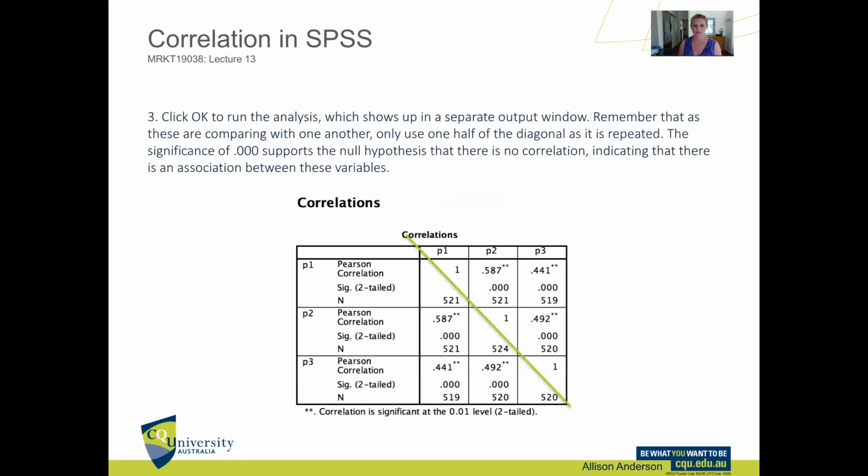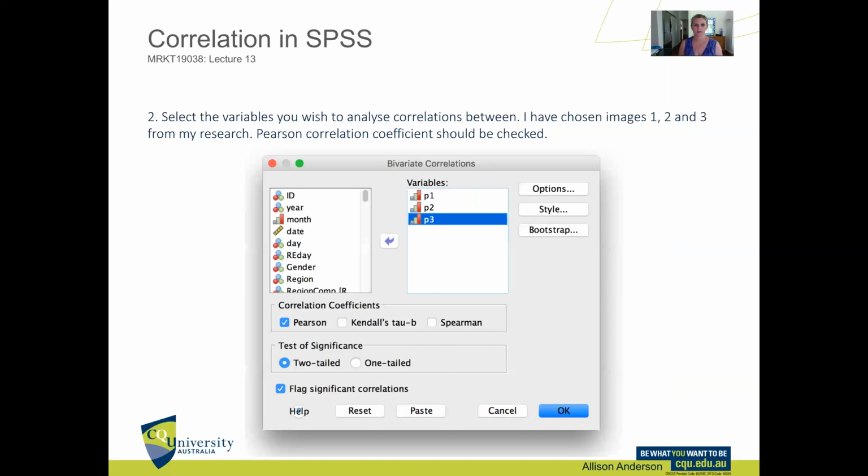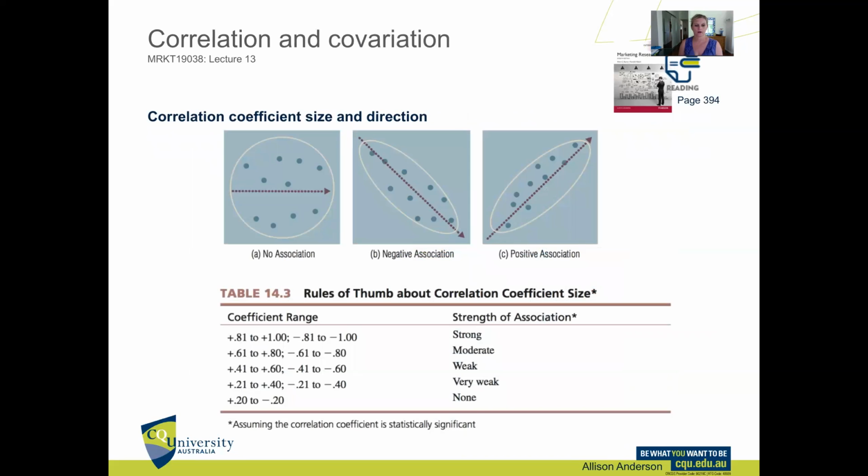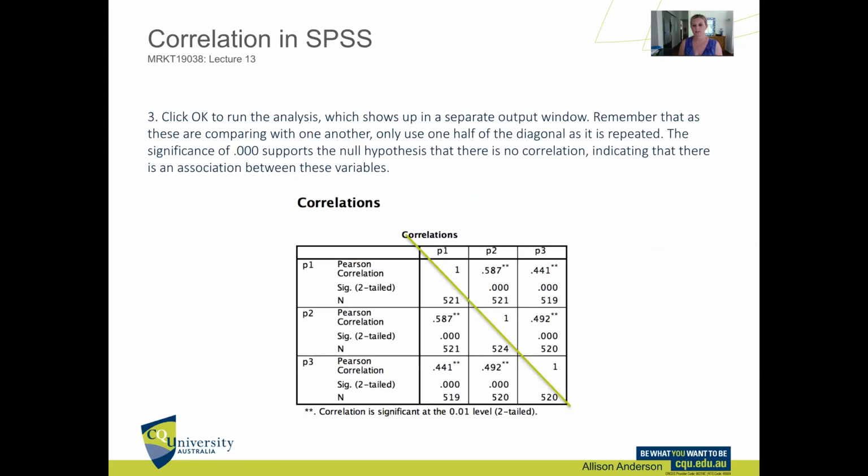There's an association, but it's a weak one. 0.587 between P1 and P2 is still weak. So there are associations, but they're not very strong. We can type this up. We can say there's a correlation coefficient of 0.587, which tells us that there is a correlation, but it's not very strong. So we've identified a presence and a strength.